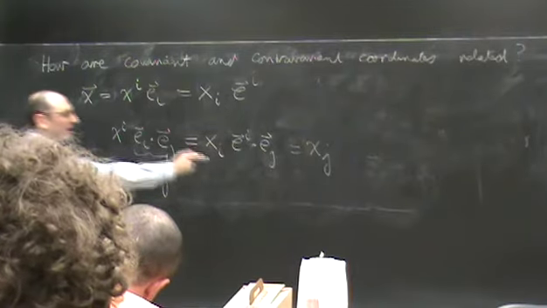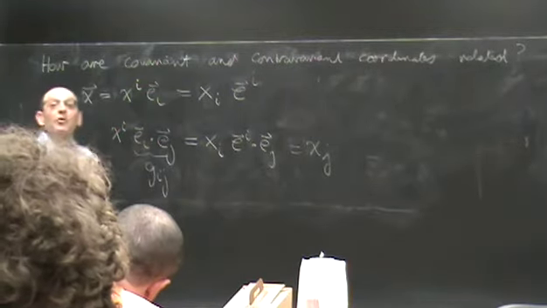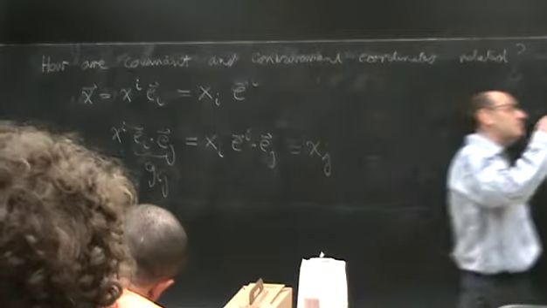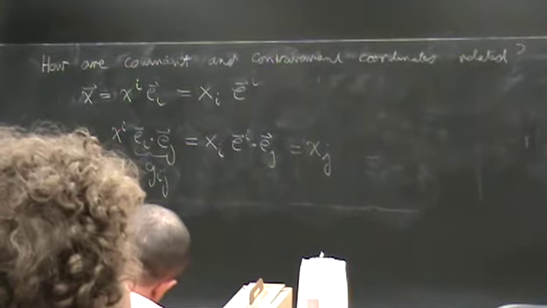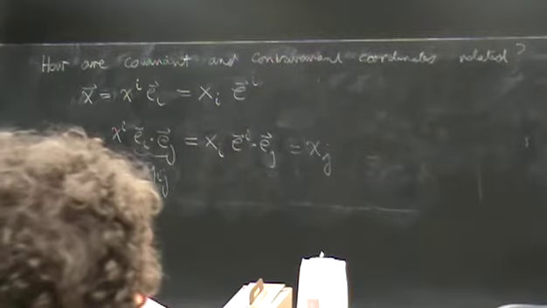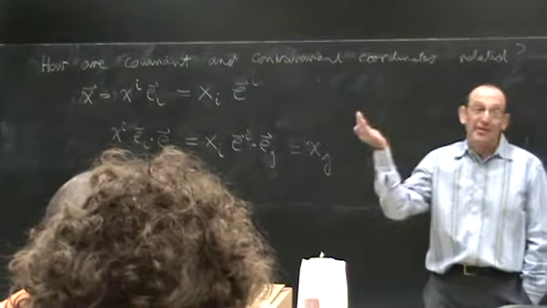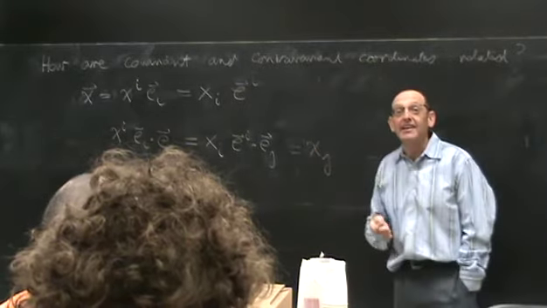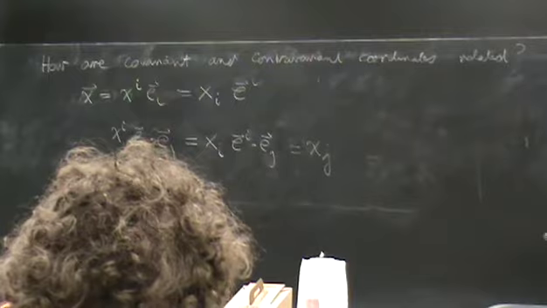So what we see here is that to get from upper index to lower index, I have to multiply by the metric. The metric basically transforms me from covariant to contravariant coordinates. In Euclidean geometry, they're the same thing because this is the identity. But in a non-Euclidean geometry, they're not.